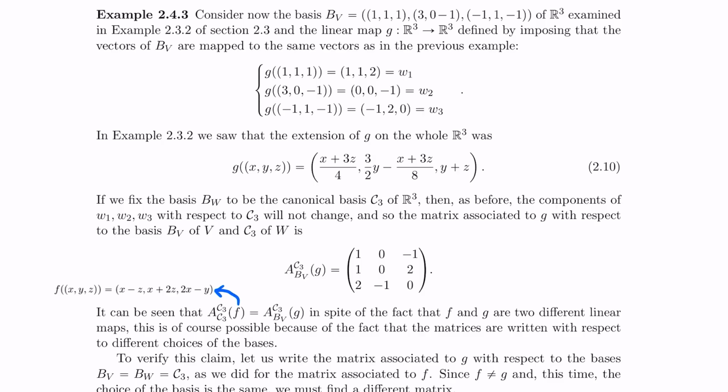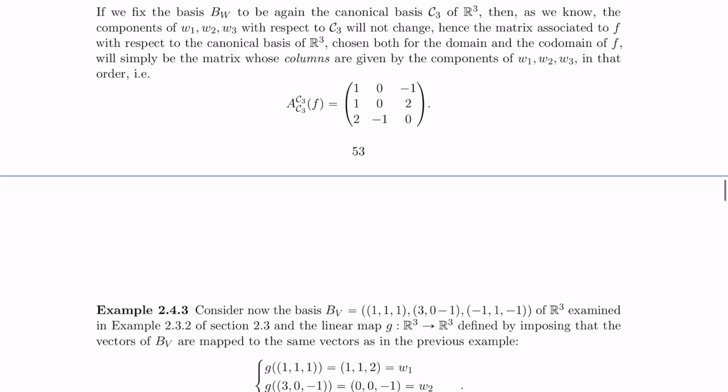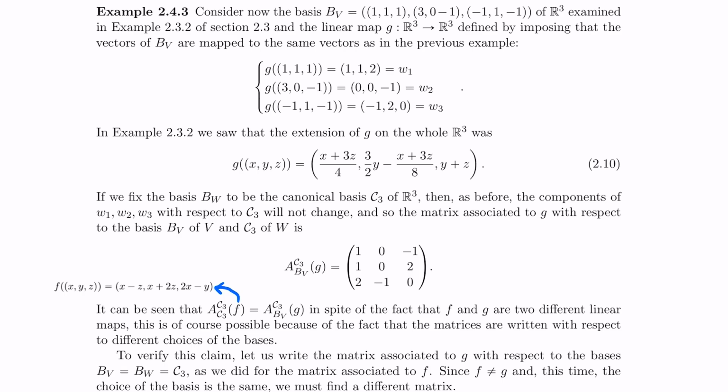Thanks to the previous considerations, we have that the matrix associated to G with respect to the choice of the basis BV and the canonical basis of R3 is the matrix whose columns are the vectors W1, W2, and W3. As you can see, this matrix coincides with the matrix associated to the linear map F that we have discussed before. Here it is. So you can see that the two matrices are equal.